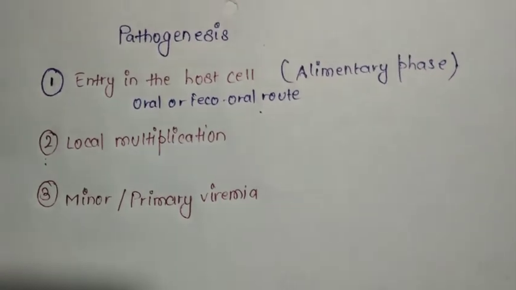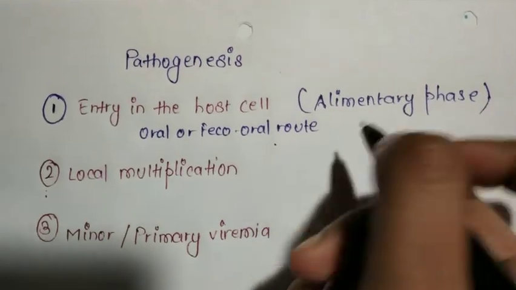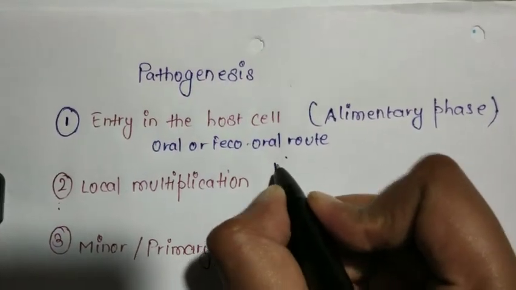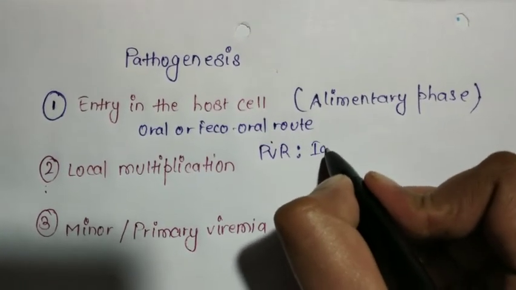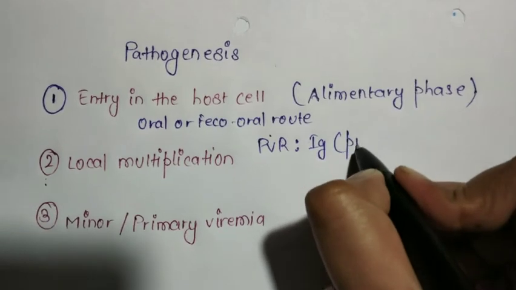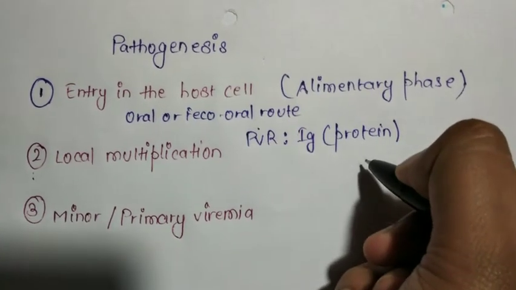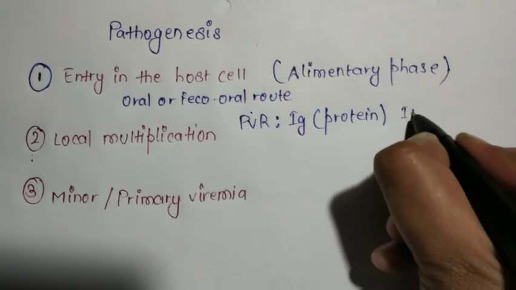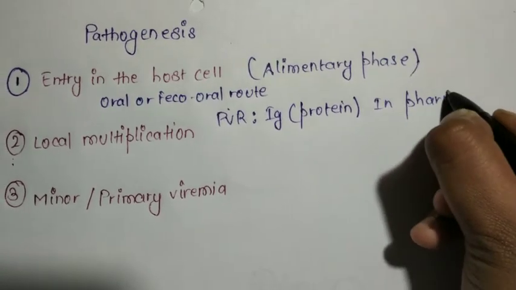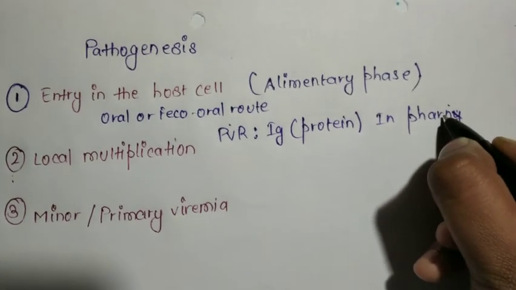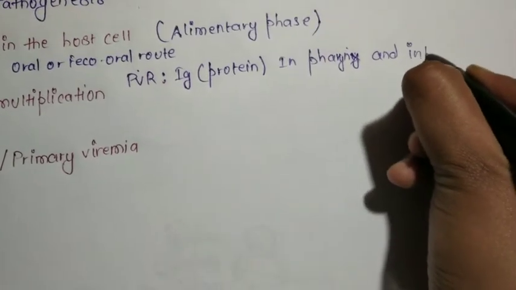The receptors are composed of Ig, that's not protein, where the cells are going to bind in the pharynx and intestinal mucosa.